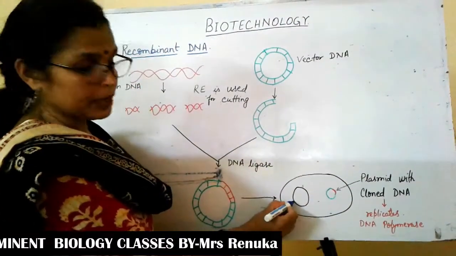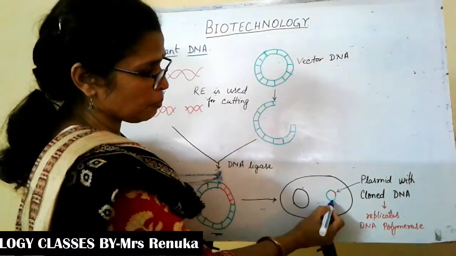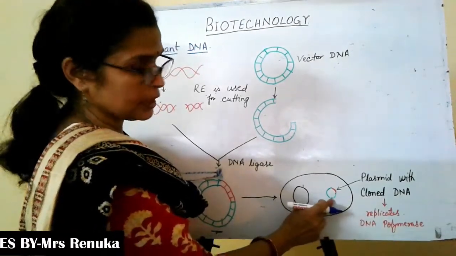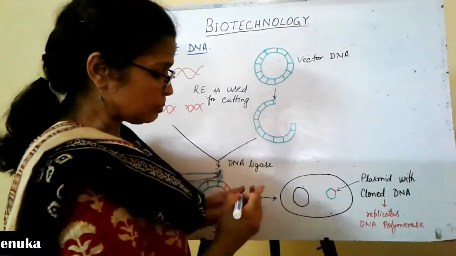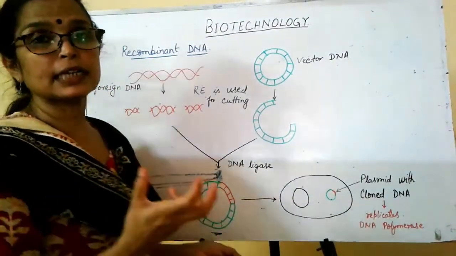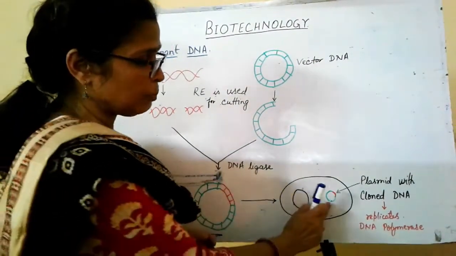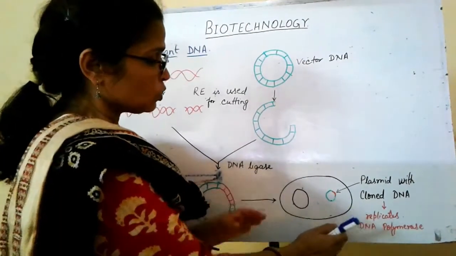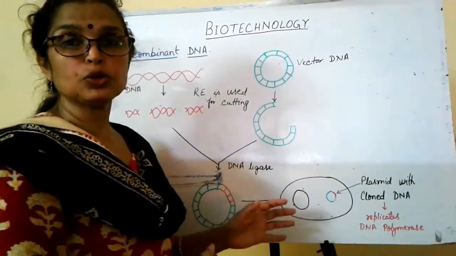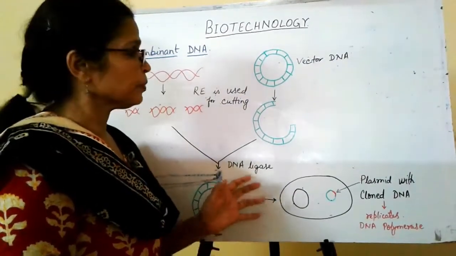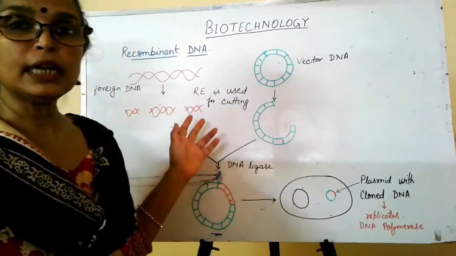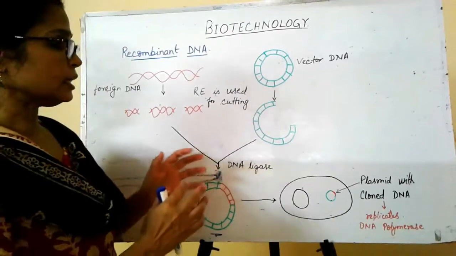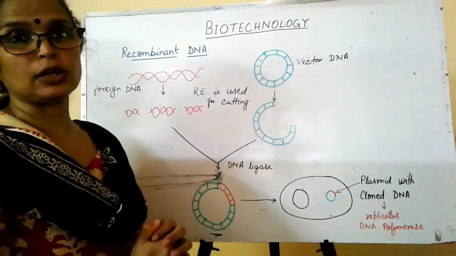This is the bacterial chromosome and this is the plasmid with cloned DNA. This plasmid has the capacity of self-replicating. It replicates with the help of the enzyme DNA polymerase. In this way we are able to get the recombinant DNA. The cutting of DNA and the joining of DNA is the basis of biotechnology.